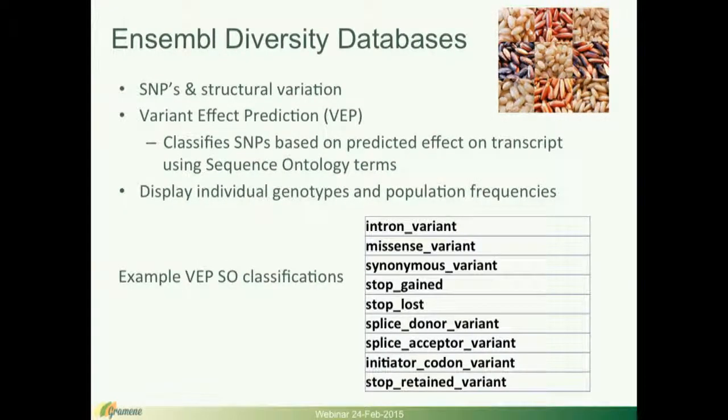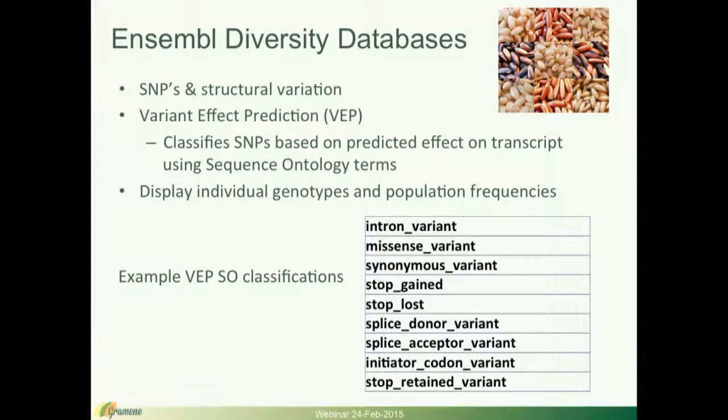So with these data, again, we add value. We take the structural variation, it gets put into our database, and then we perform variant effect prediction. This is an ensemble method that classifies SNPs and other variants based on what the predicted effect would be on the transcript, and we use sequence ontology terms.